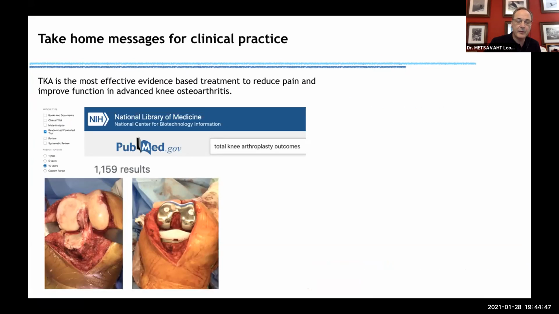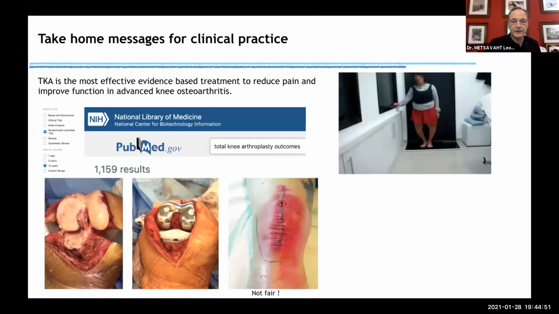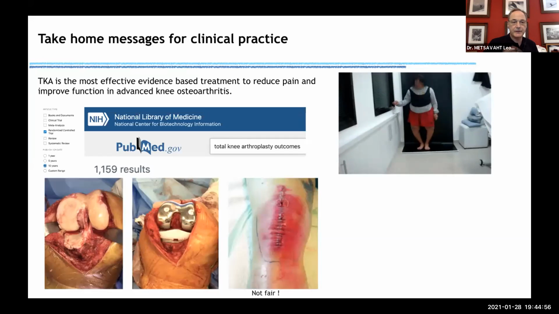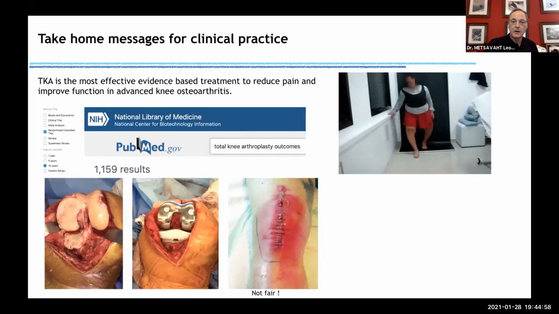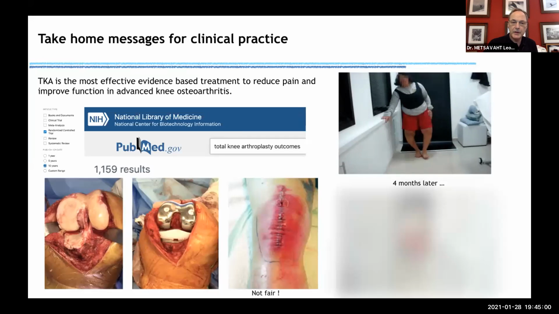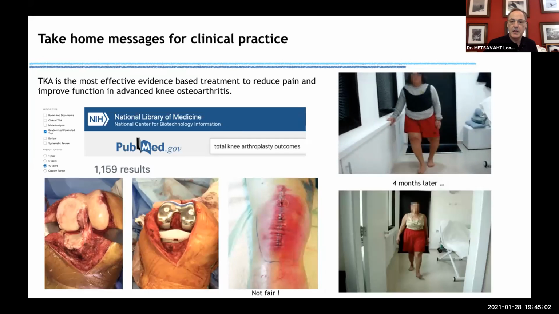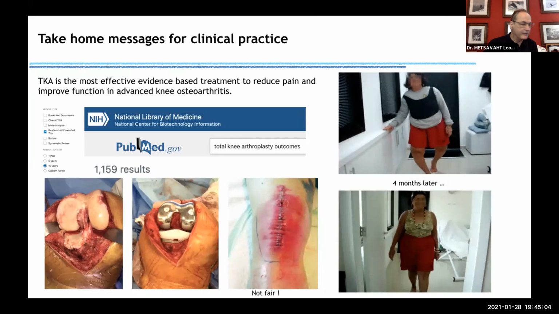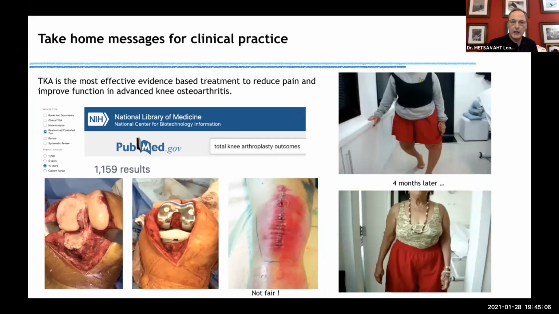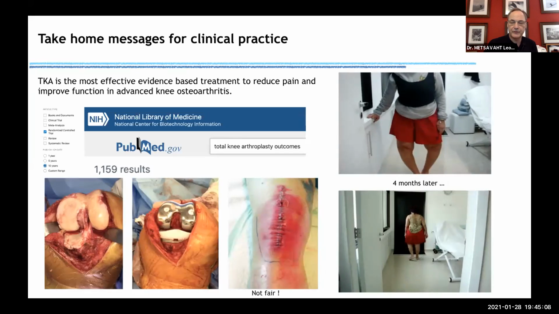So it's very well studied. And it is unfair to say, wow, risk of infection, risk of surgical problem. No, really, total knee arthroplasty is a very good procedure and very effective, and it works very well.